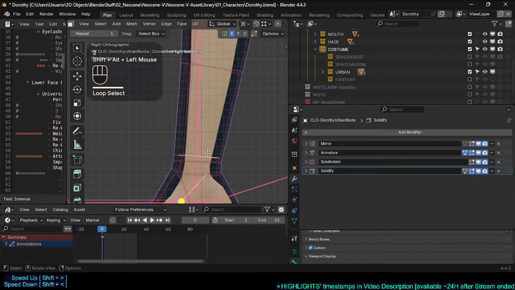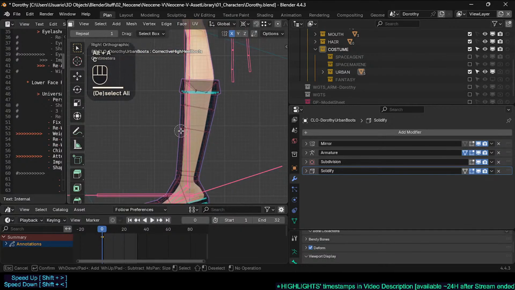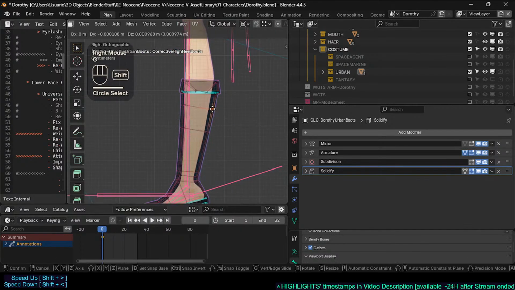Okay, this is the edge loop of this area here in the joint, so makes sense. And here, yeah, so we don't need to be changing this, it's fine.